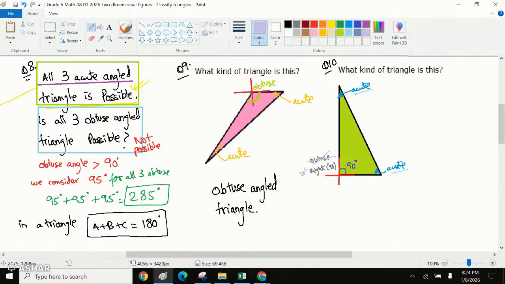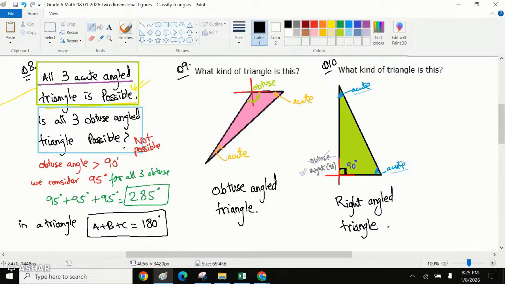So whenever in any triangle we have a box angle, we say this triangle is a right angled triangle, okay? Can you people see a right angle around you?